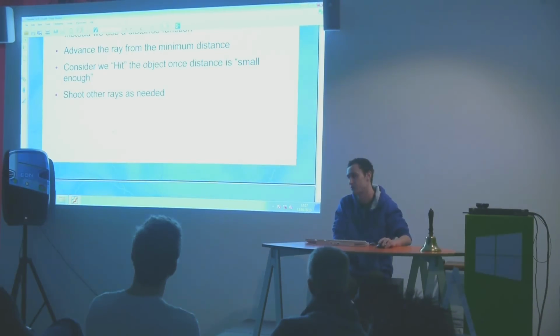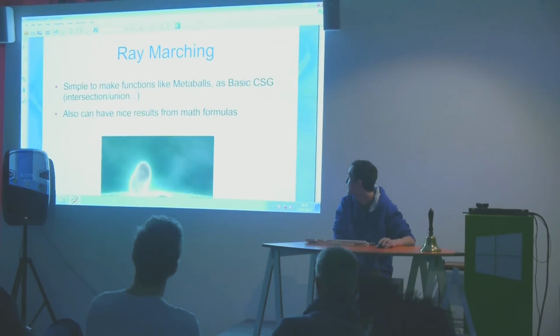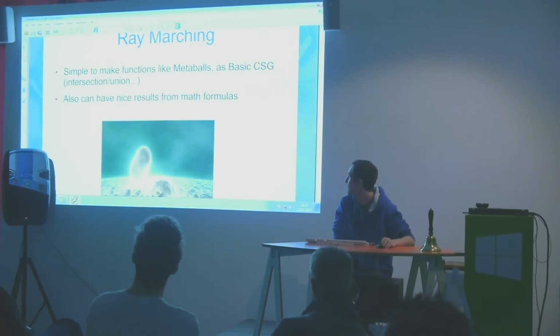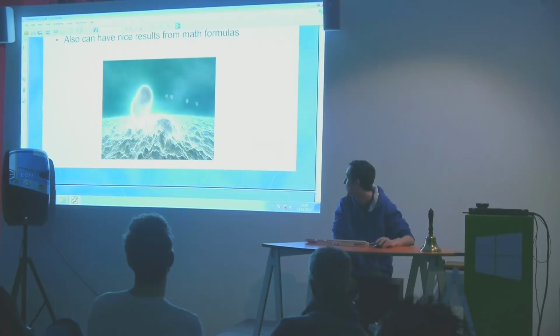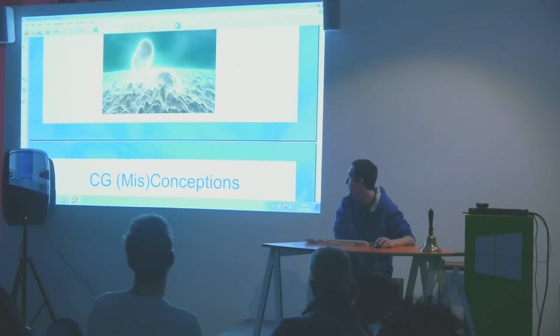It's just we use segments instead of functions. It's quite a nice technique, because basic CSG operations like intersections and unions are really, really simple to do with ray marching. It's like min-max operators. And with random math formulas, you can have some quite funky results as well.